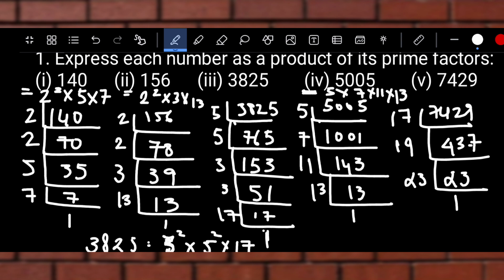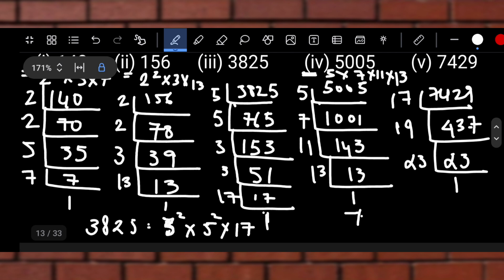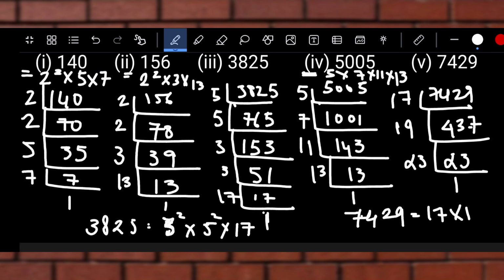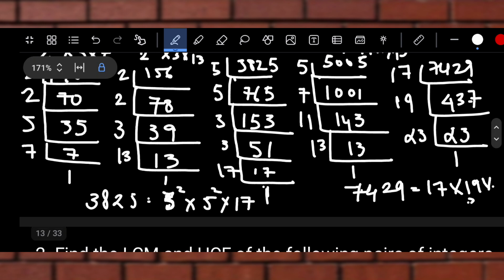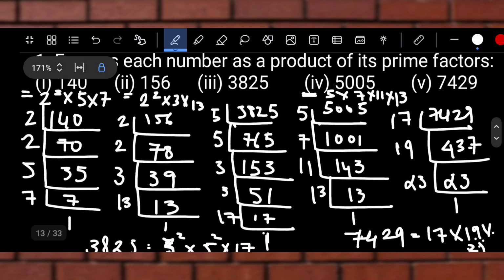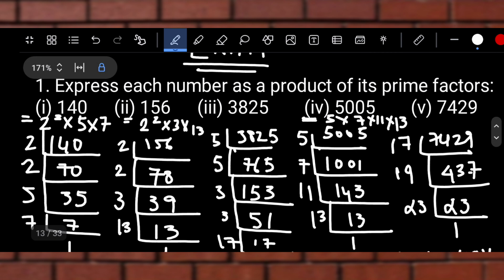Okay. So I'll write 7429 is equal to 17 into 19 into 23. Okay. Done. Let's go to the next question.